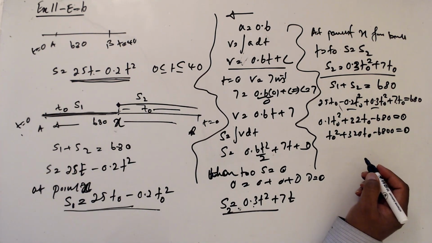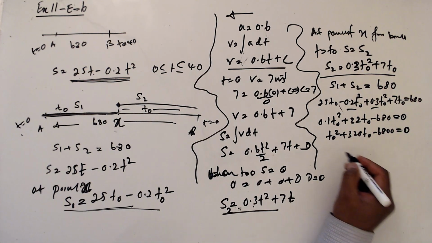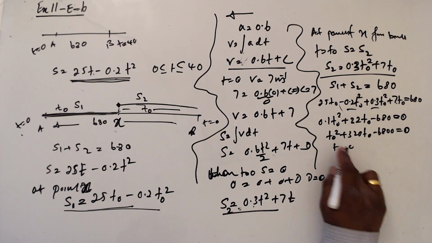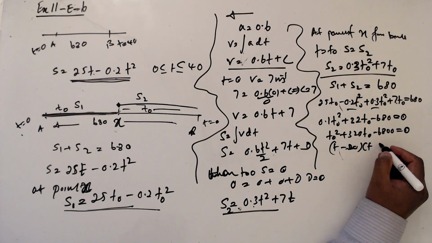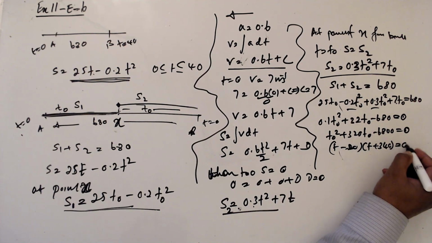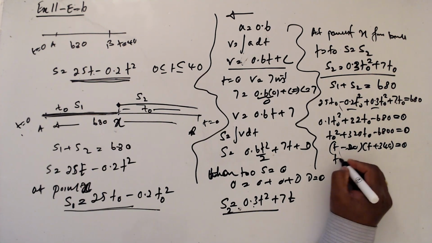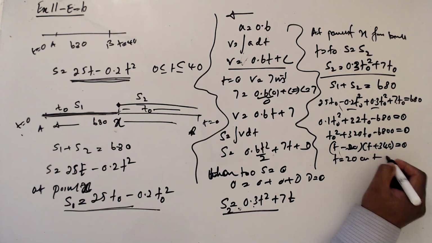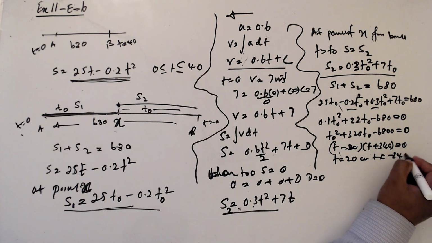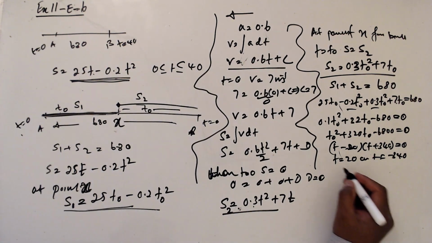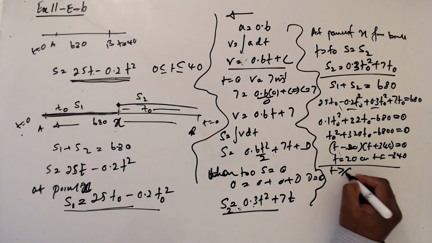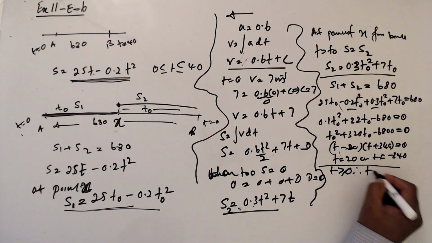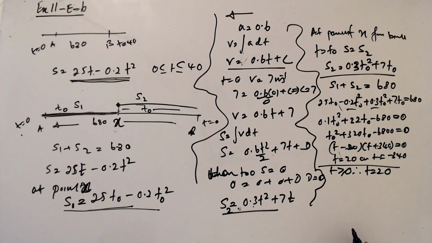Now we want to solve this equation. The roots are (t minus 20) and (t plus 340) equals 0. So t equals 20 or t equals minus 340. So now t is greater than or equal to 0, hence t's value is 20.